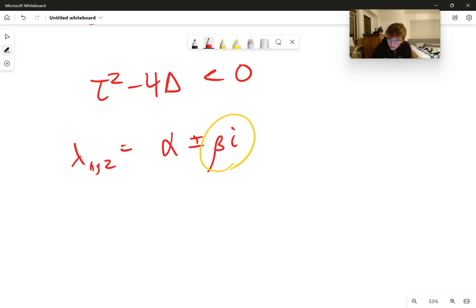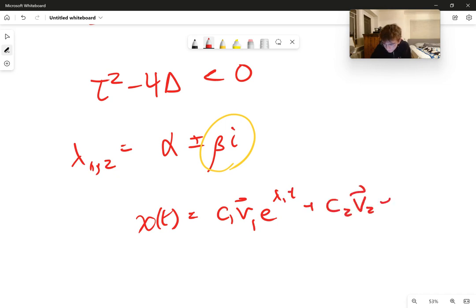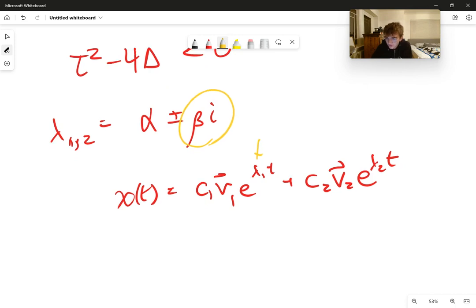So we're still going to have a solution form of x of t is c1 v1 e to the lambda 1t. The solution form is the exact same, and it solves the equation for the same reasons. But once you turn this lambda to be entirely imaginary, then you're going to have oscillations, okay?